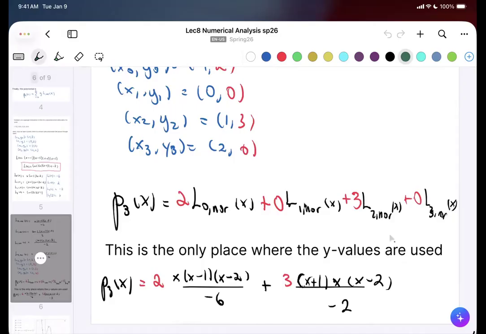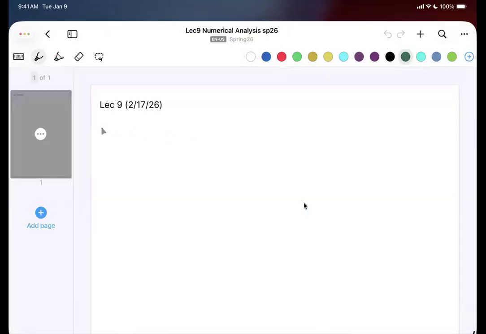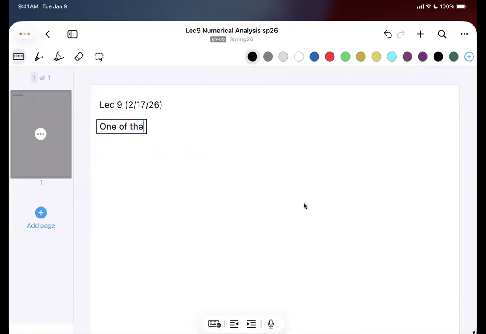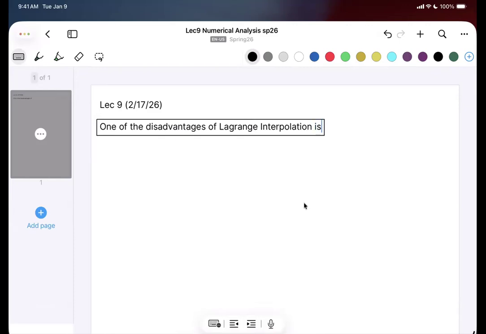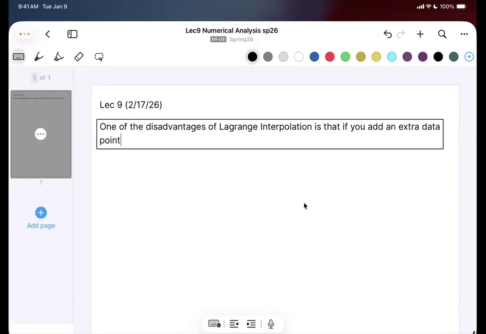So let me start by mentioning this as one of the disadvantages of the Lagrange interpolation: if you add an extra data point, you can find a new polynomial.